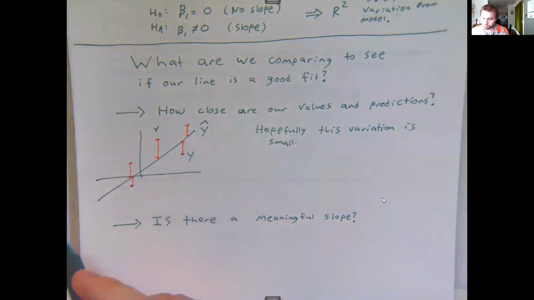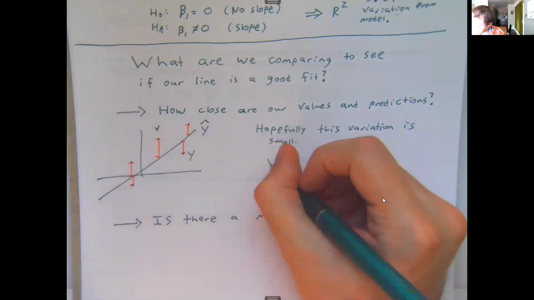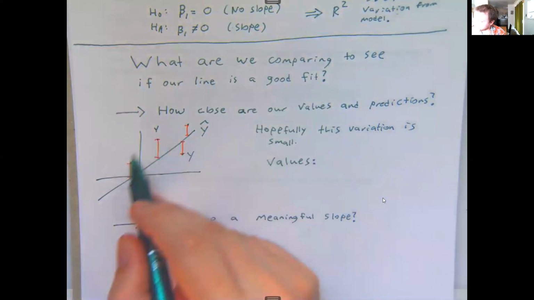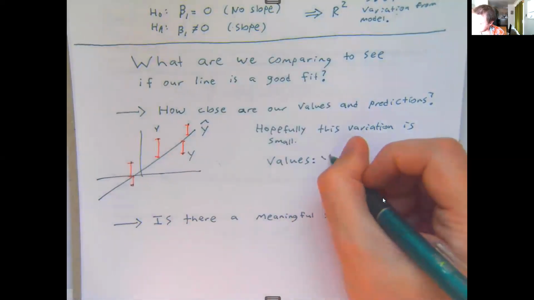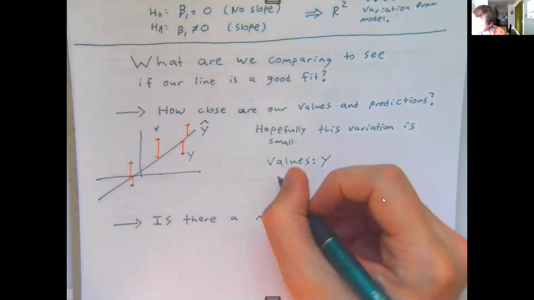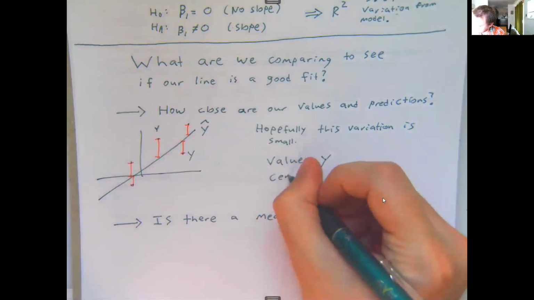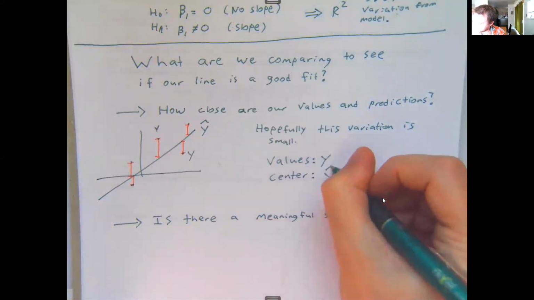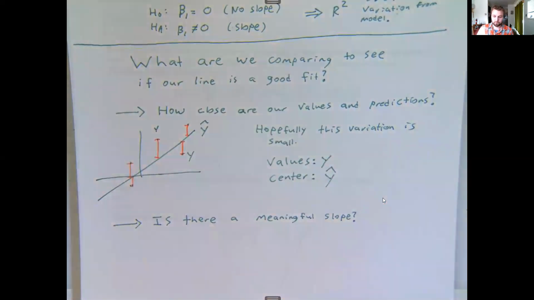So my values that I'm looking at here are all of these individual y values. And I'm going to compare these to the center line that I'm looking at here, my line of best fit, which is my y hat.